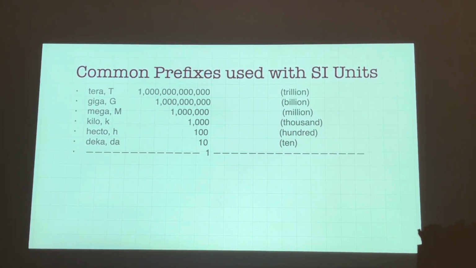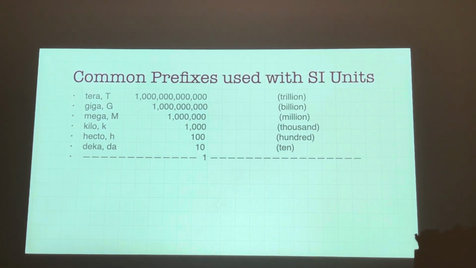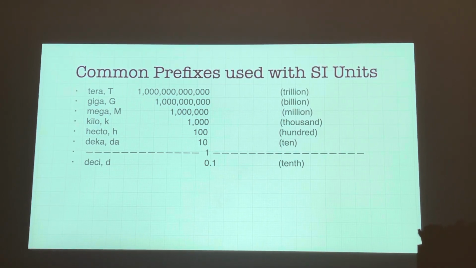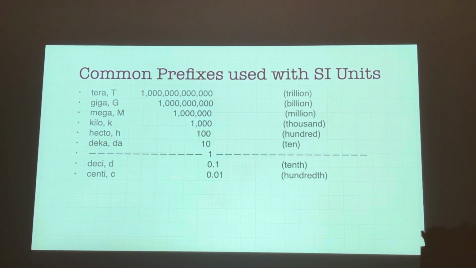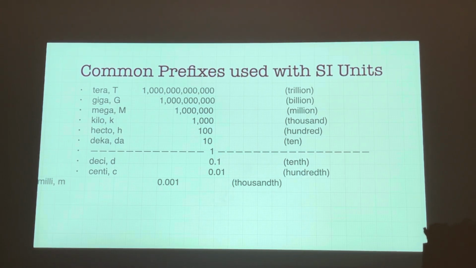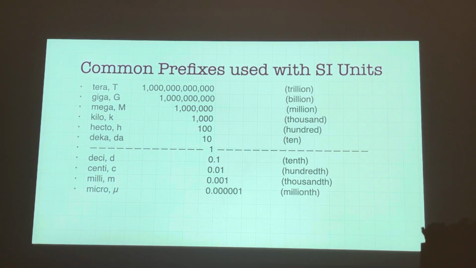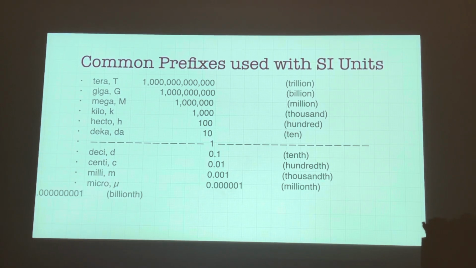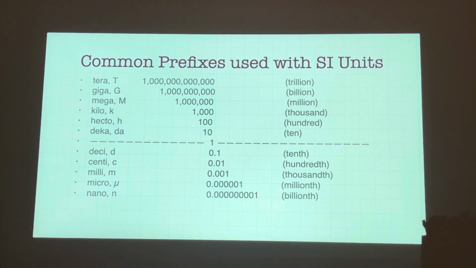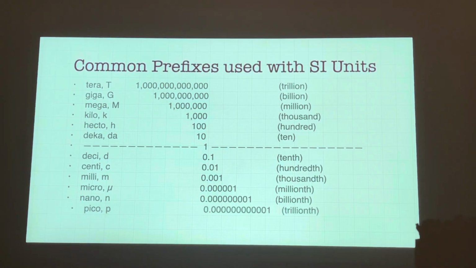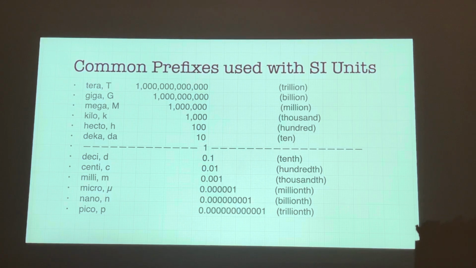Then you have your base unit. Then when you want to go smaller, you have your deci, which is a tenth. Your centi, hundredth, milli, thousandth, micro, millionth, nano, billionth, pico, trillionth.